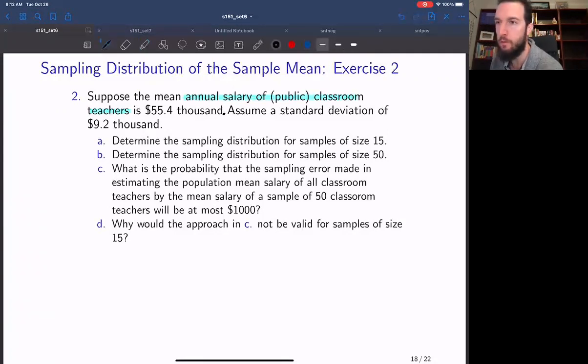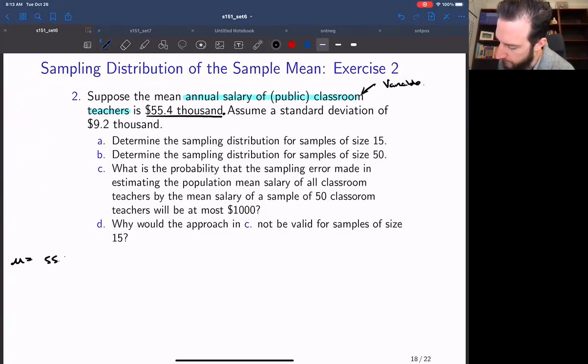So this is the thing that we're measuring. We are told that the mean of the annual public salary is 55.4 thousand. Okay, so this implies that the population mean is 55.4 thousand.